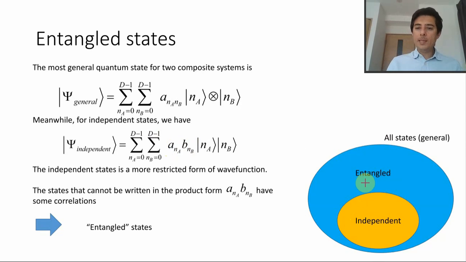Mixed states have a slightly different definition, but we're not really going to deal with mixed states, just pure states here. So entangled states are really nothing but states that you cannot write in this independent product form.